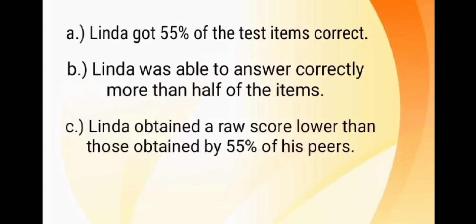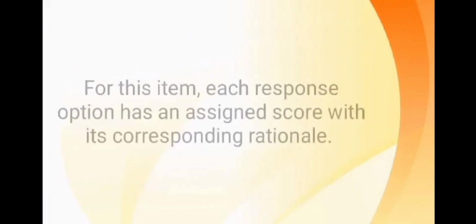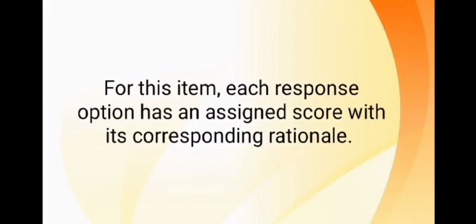C, Linda obtained a raw score lower than those obtained by 55% of her peers. And D, if the test has 60 items, Linda would probably have 33 correct answers. For these items, each response option has an assigned score with its corresponding rationale. An example of how the item can be scored is shown below.